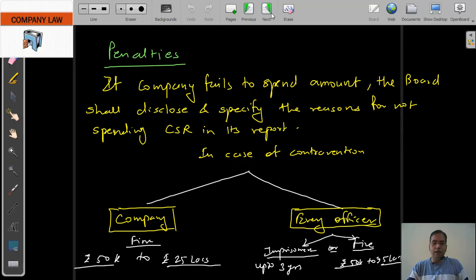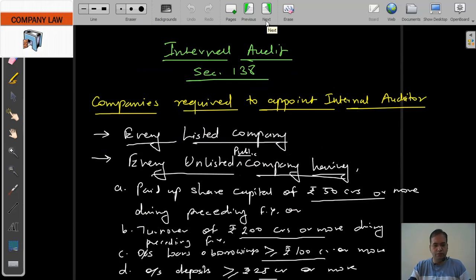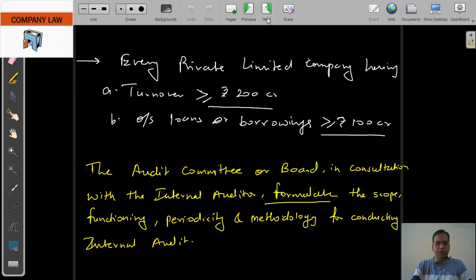And finally, when this provision was misused or was not implemented properly by the specified companies, lawmakers thought to introduce penal provisions in case of contravention of the provisions, and that is the reason now you can see the provisions over here. Earlier in the original act these penalties were not prescribed. Then internal auditor.